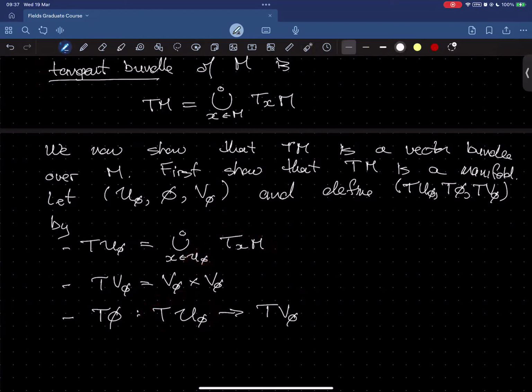It's a set of all such tangent vectors. So an element in TU_φ, by definition, is going to be an equivalence class of curves at some point x in U_φ. All right, and it's going to map it to, by definition, φ of x, and then (φ composed with γ)' at 0.